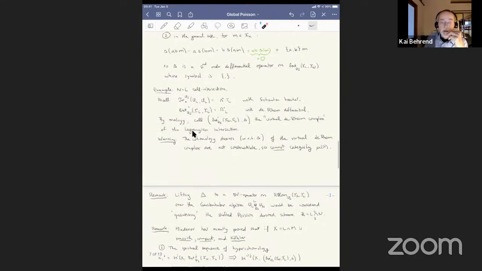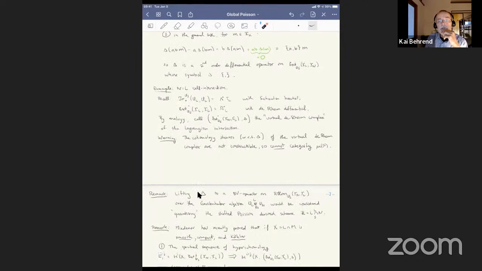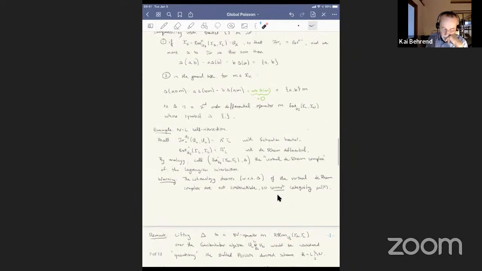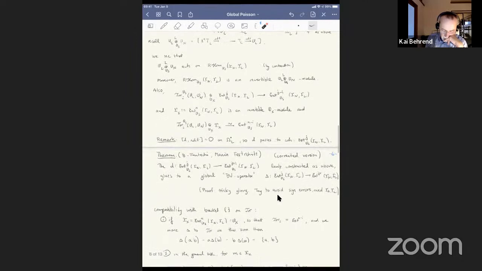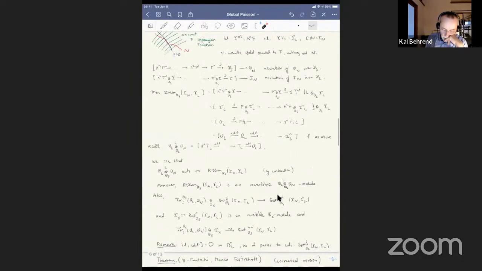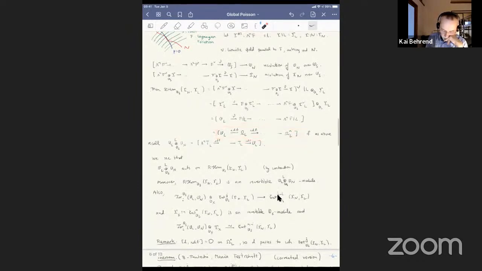Let me say, if we were lifting this operator delta to a BV operator on the full derived RHom, this complex that locally looks like this here.